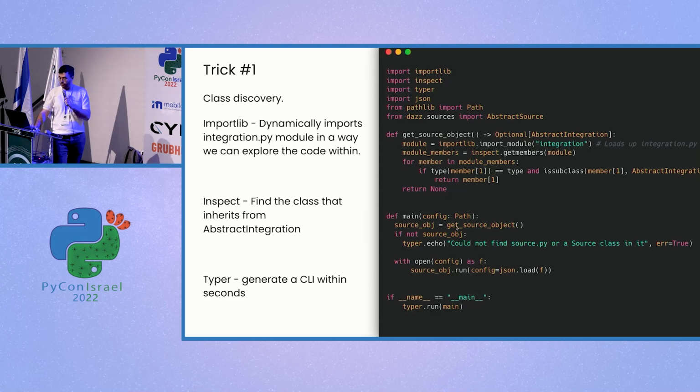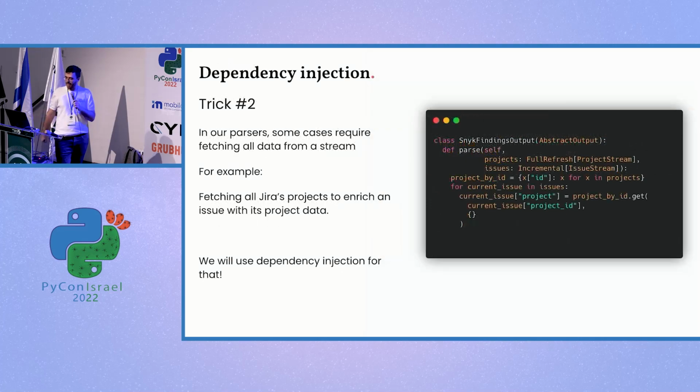Then we go to the get source object function, which does the importlib. Once we get it, we get a module object. Then we can iterate its members, and a member can be a variable in this file, for example. Once we find a member that is a class and inherits the abstract integration, we fetch it. And then we run it with the configuration, for example.